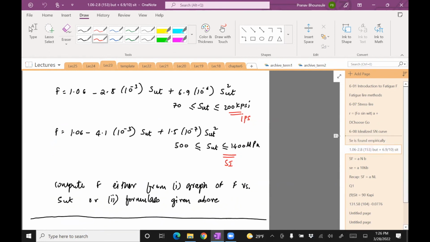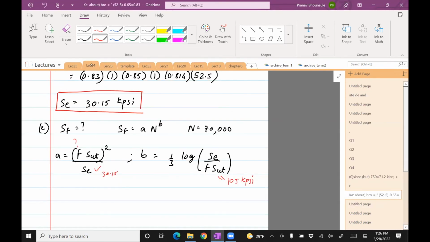In this case, I think it's off the charts, SUT is 105. Okay, so it's within the range.